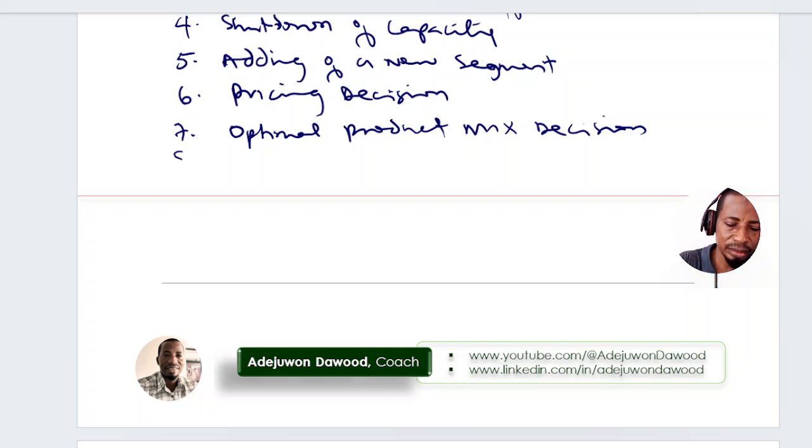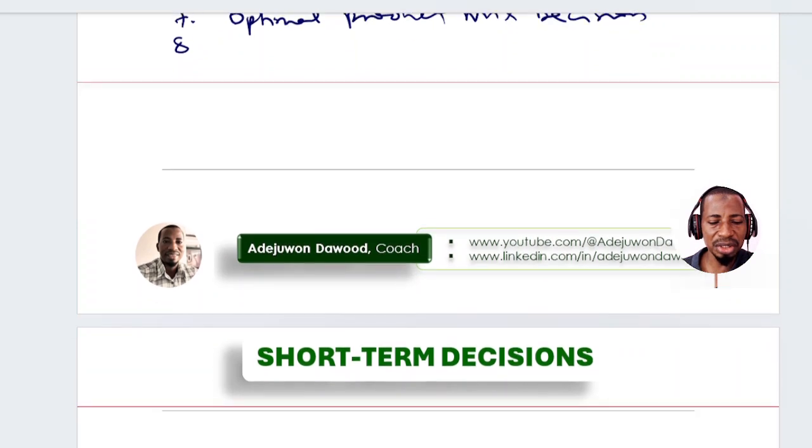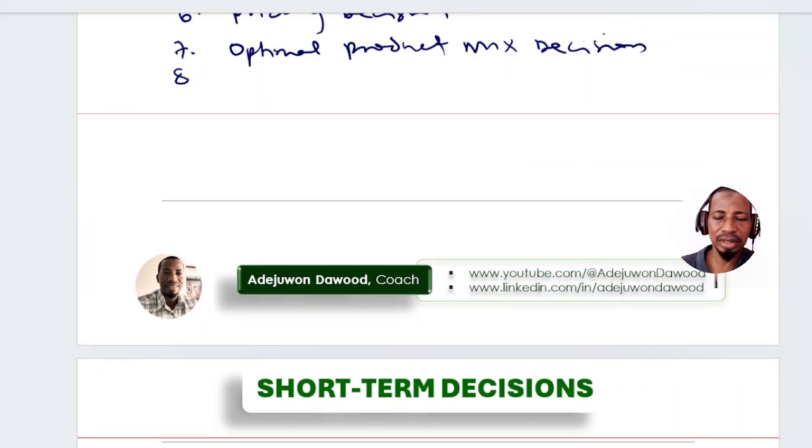Number 8 of the areas of application or uses of marginal costing concepts is linear programming.